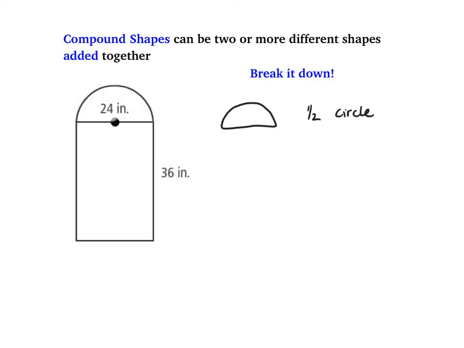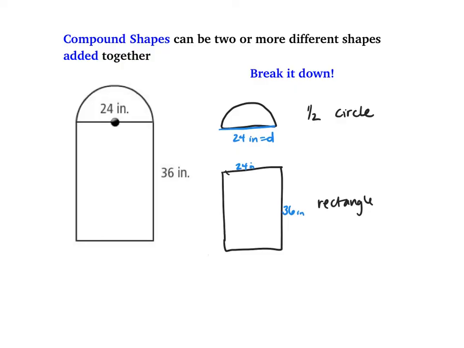And what it tells me about that half circle is that my diameter would be 24 inches. And then the other shape that I have going on would be a rectangle. And what I know about that rectangle is that its dimensions are 24 inches by 36 inches.